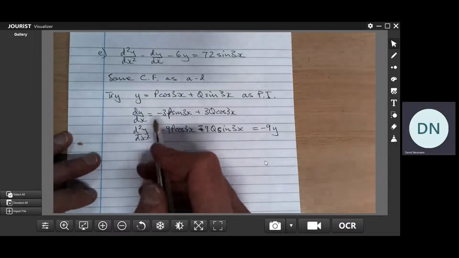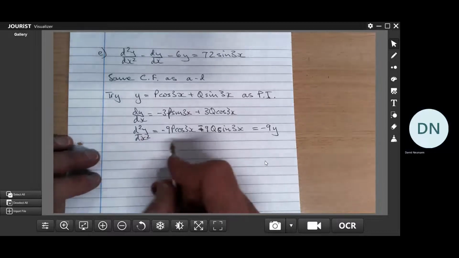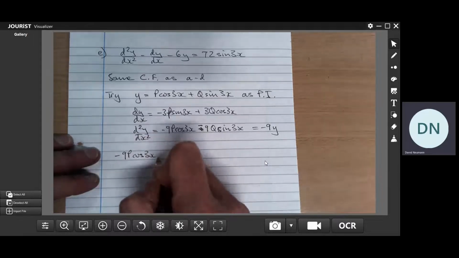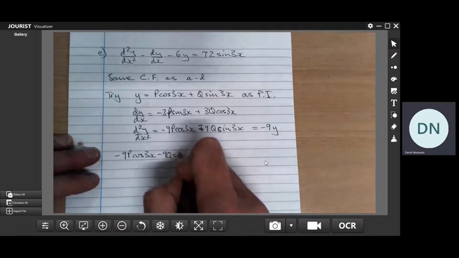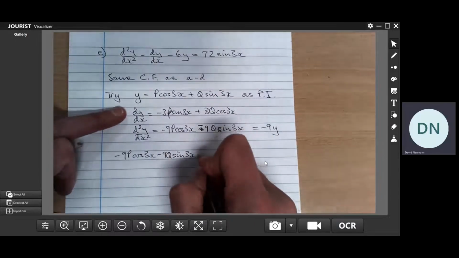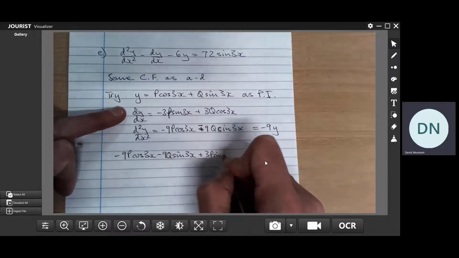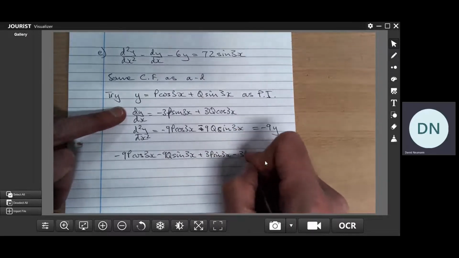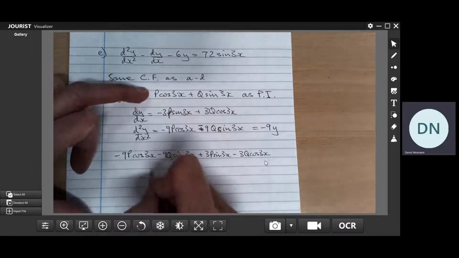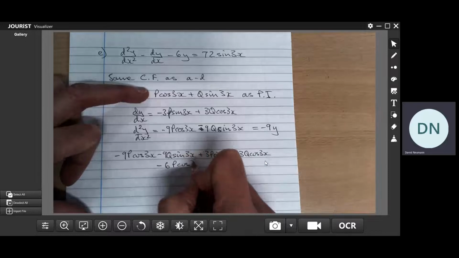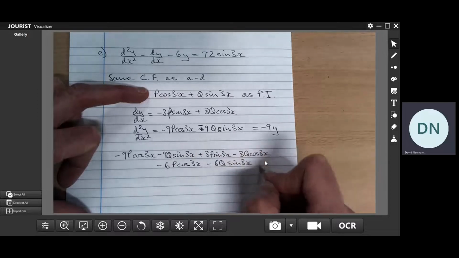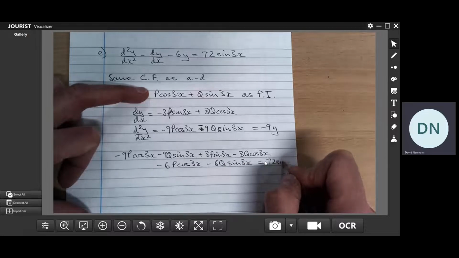So if we do that, we're going to get minus 9p cos of 3x minus 9q sine of 3x, that's the d2y by dx squared, minus this dy by dx, so that's plus 3p sine 3x minus 3q cos of 3x, and then minus 6 times this, so minus 6p cos of 3x minus 6q sine of 3x, and that's all equal to 72 sine 3x.